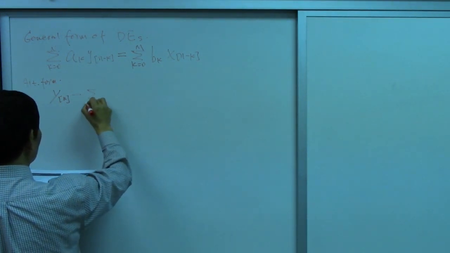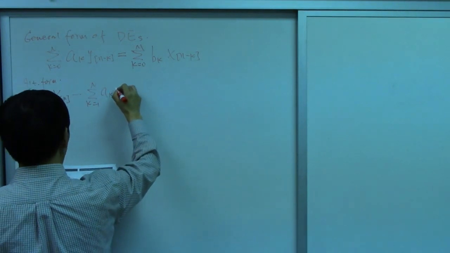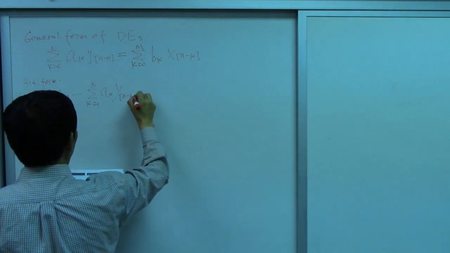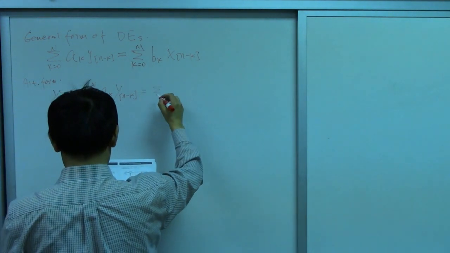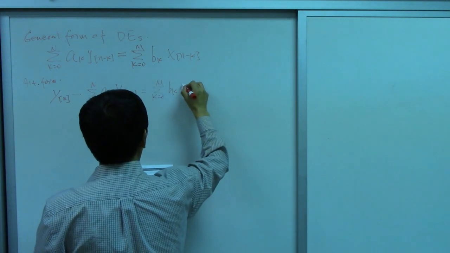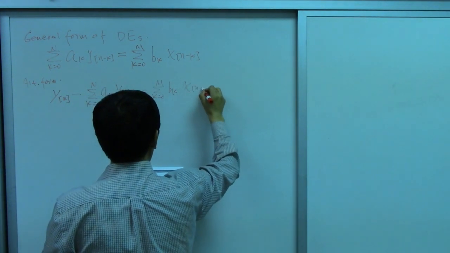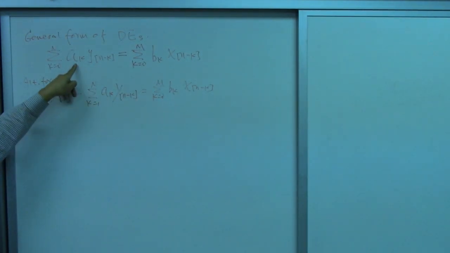So the sum over k from 1 to capital N of ak yn minus k equals, the right hand side is the same. That is k from 0 to capital M of bk xn minus k. So this ak here is the negative of the ak there.